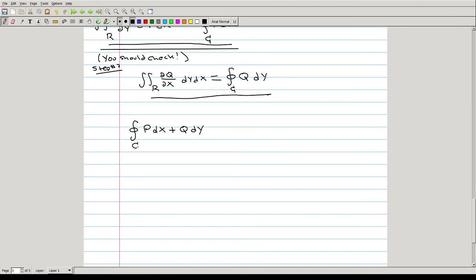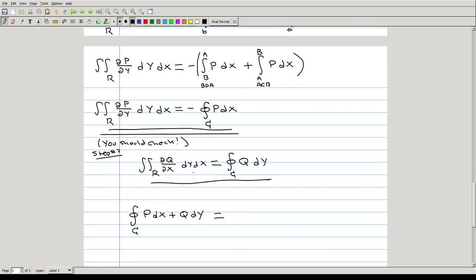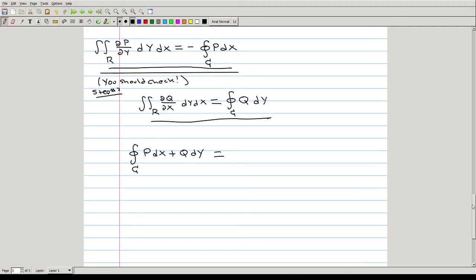over a boundary curve C is going to be equal to the double integral of dq dx plus negative dp dy, which is the double integral over R of dq dx minus dp dy.